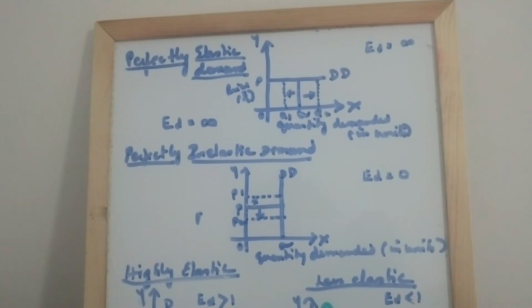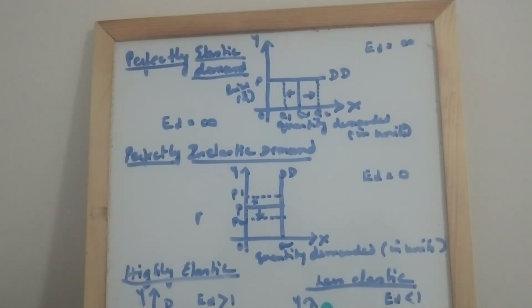Now the price decreases to OP1 and the demand increases to OQ1, but compared to the difference between P and P1, the difference between Q and Q1 is less. That is what is meant by less elastic. The price difference is more, but the difference in quantity demanded is less. So elasticity of demand is less than 1.